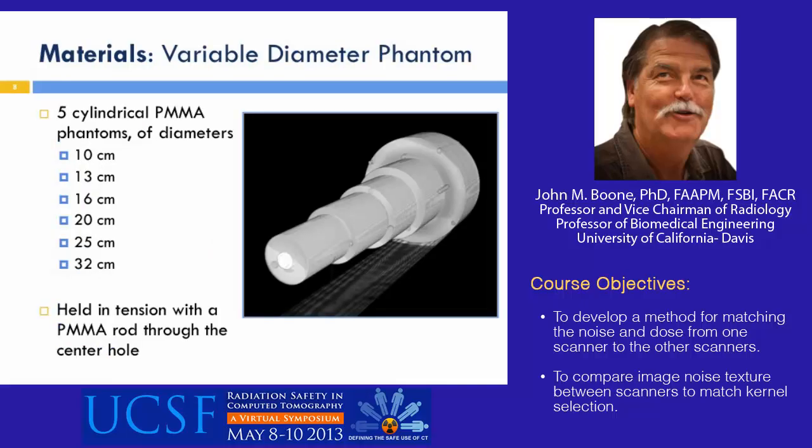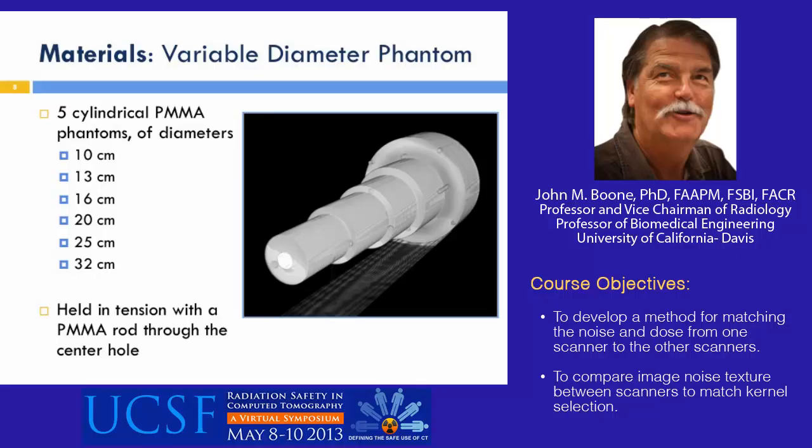We made use of a phantom that we constructed here in our laboratory. It had 5 different diameter polymethyl methacrylate sections to it from 10 to 32 centimeters, as you can see here in slide 8.